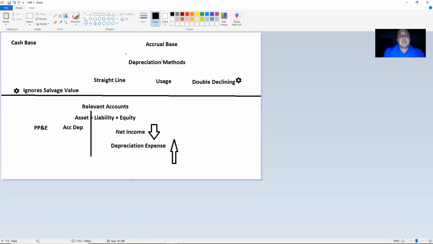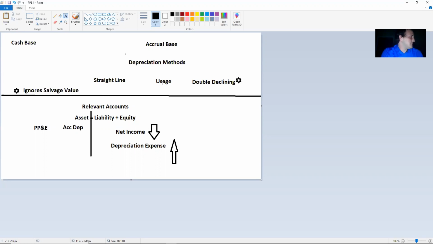And so the amount that they spend on that building has to be expensed some way over the life of that asset. So the easiest and simple method is the straight line method. You just do an equal depreciation expense each month up until the time that you're no longer using that asset. That works good for buildings or things.